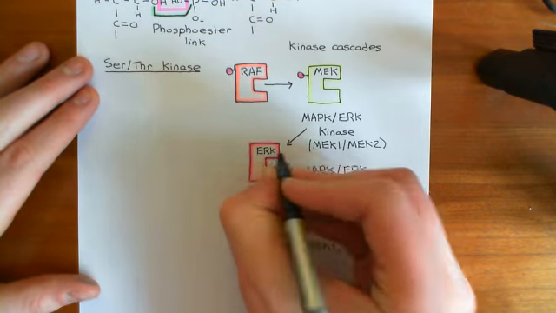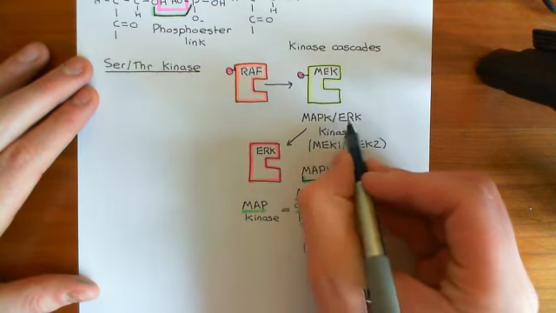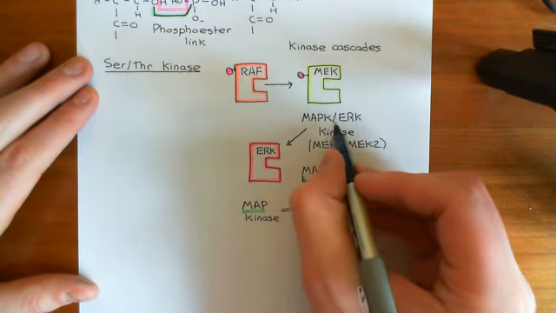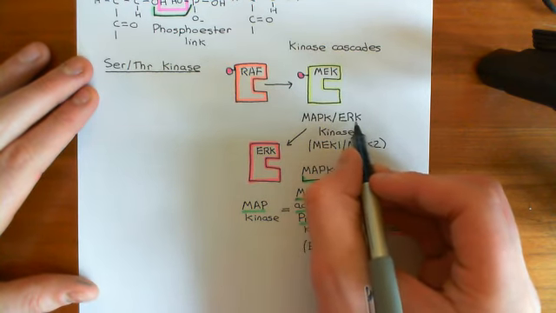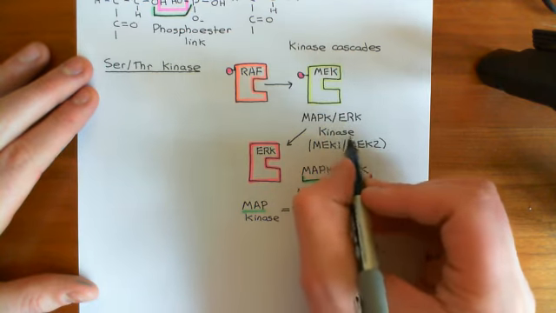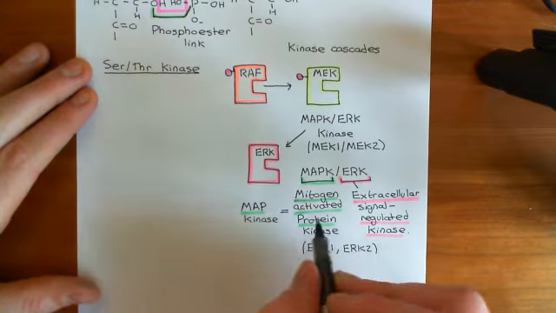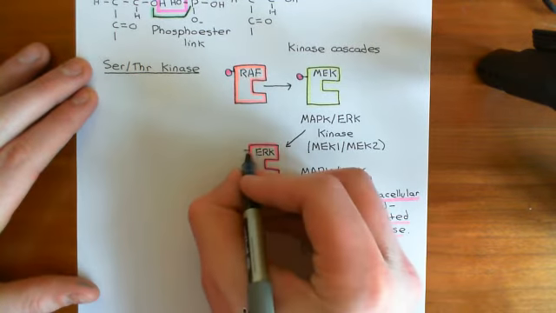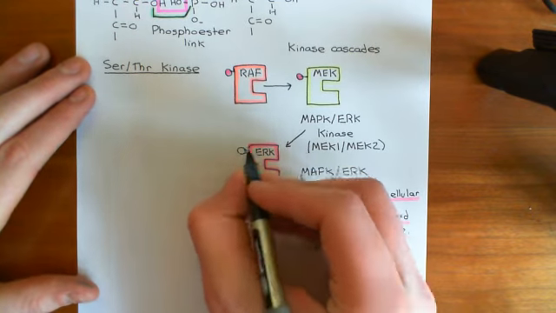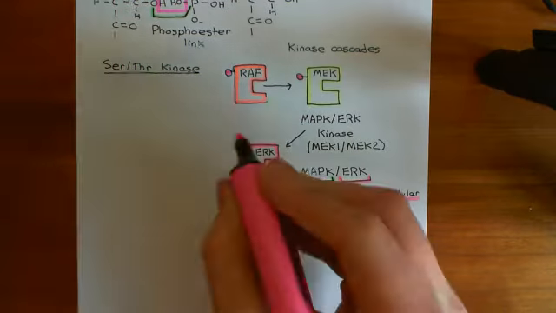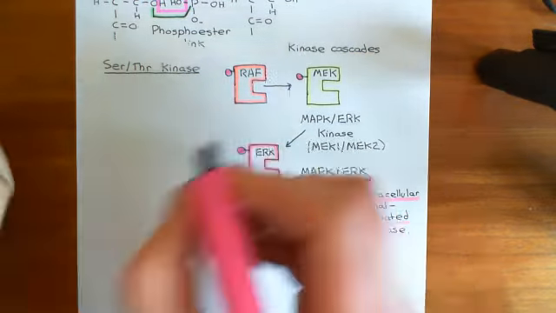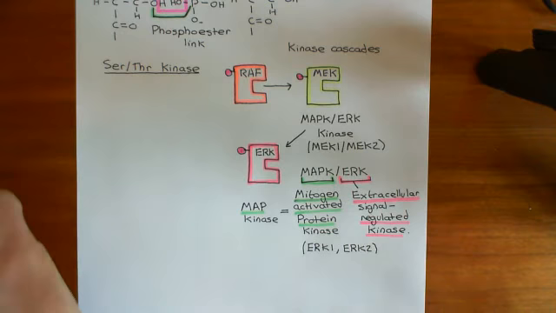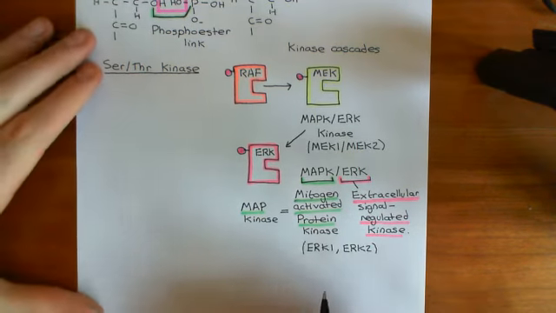And what's now going to happen is that the MEK enzymes, which are the mitogen-activated protein kinase / extracellular signal-regulated kinase, because they're going to phosphorylate these enzymes, they're going to activate them. Okay, so ERK enzymes get phosphorylated by MEK enzymes and they themselves become activated.